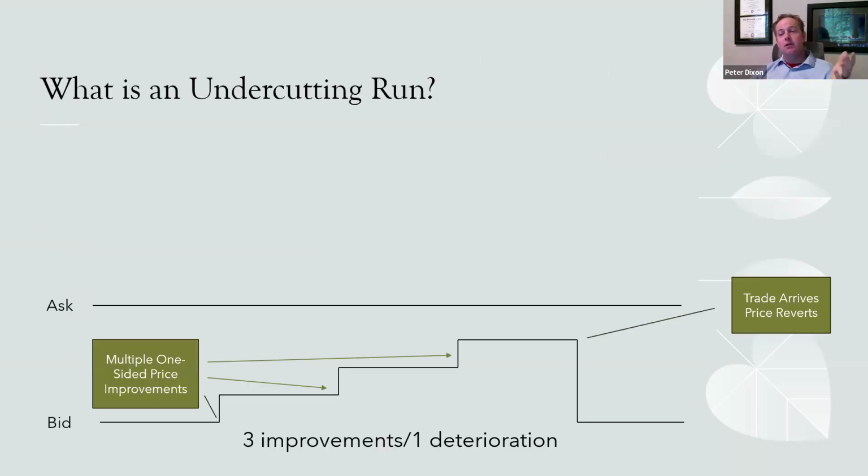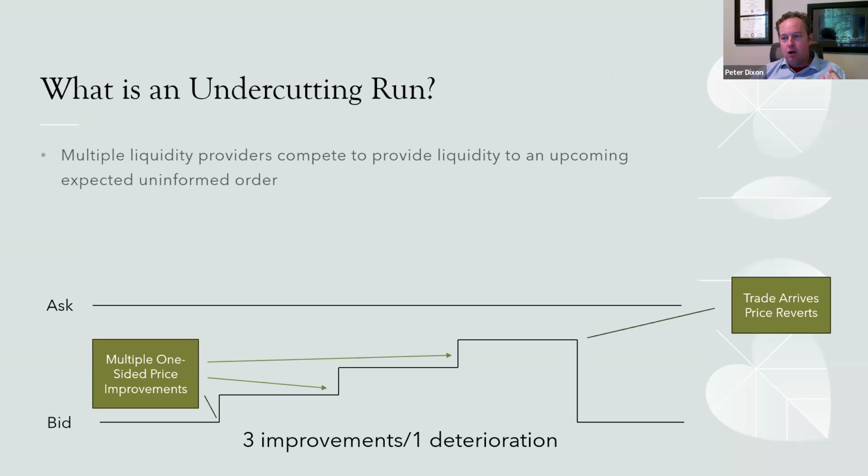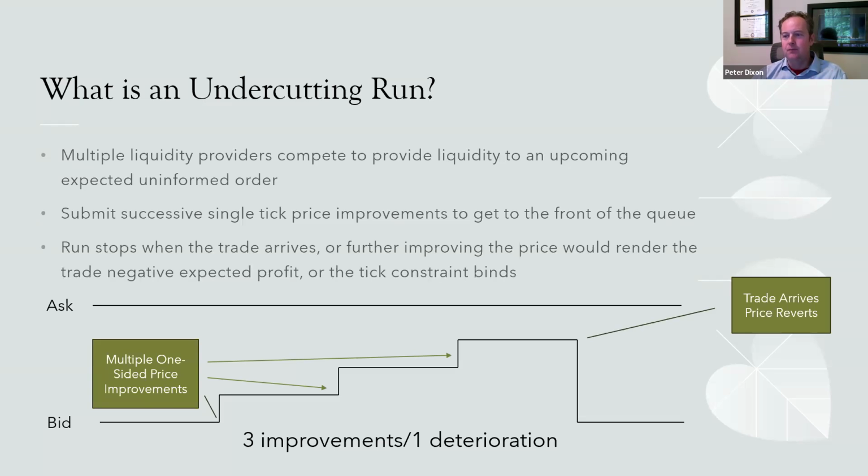So what is an undercutting run? An undercutting run occurs when multiple liquidity providers compete to provide liquidity to an upcoming expected uninformed order. And these algorithms will submit successive single tick price improvements in order to get to the front of the queue.